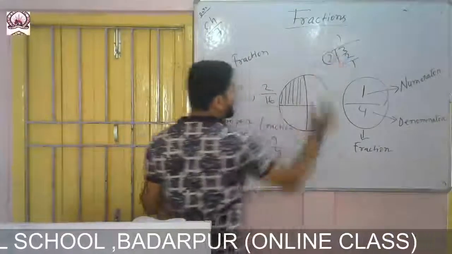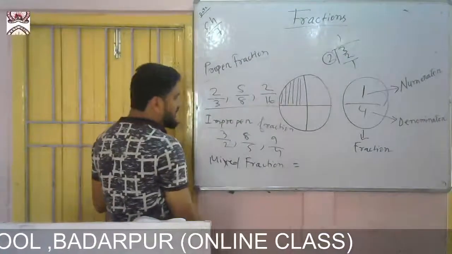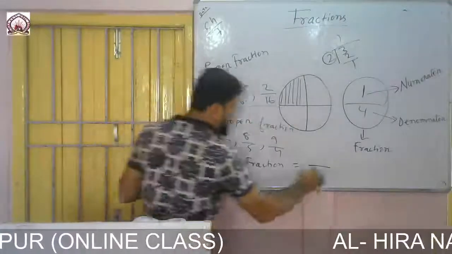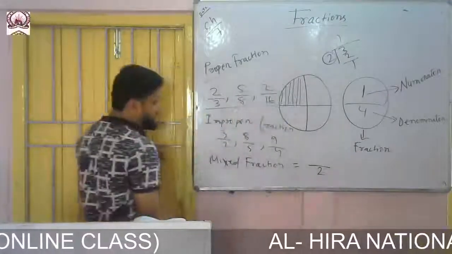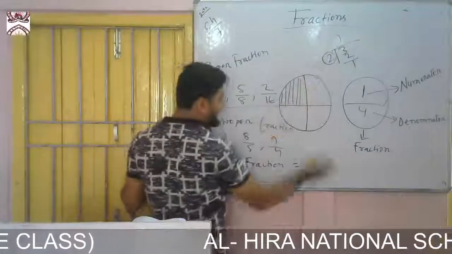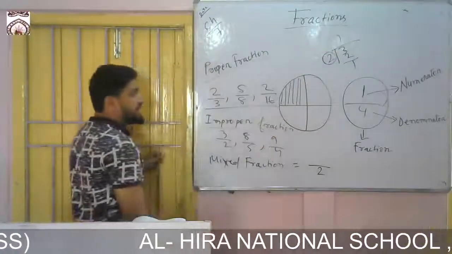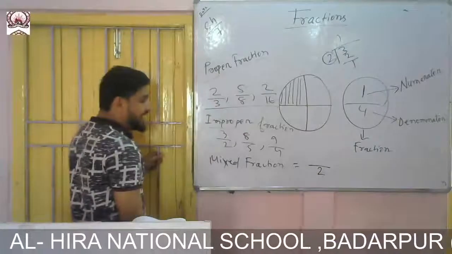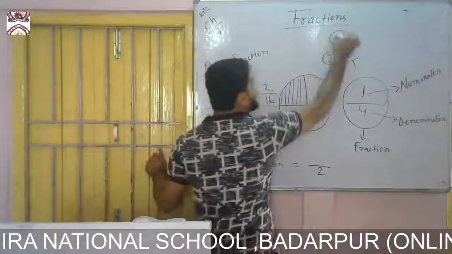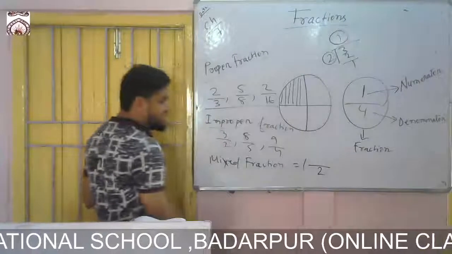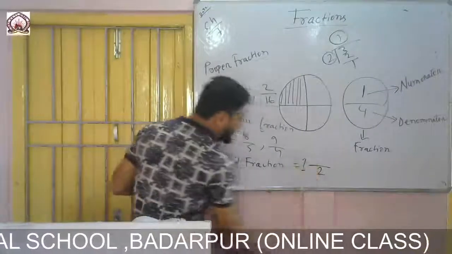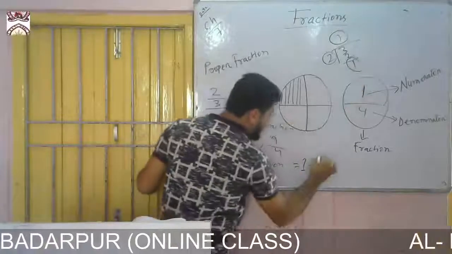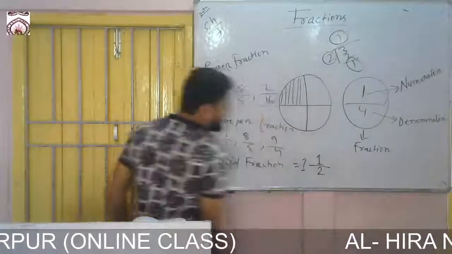This 2 is the divisor. The divisor will be treated as the denominator, and the quotient will be treated as the natural number, that is 1. And this remainder will be treated as the numerator.